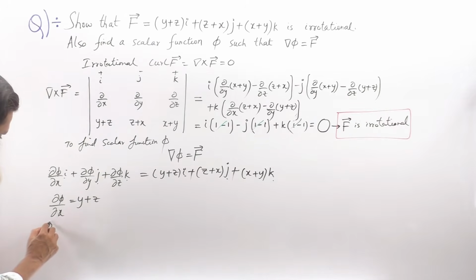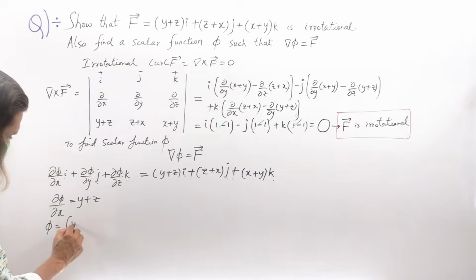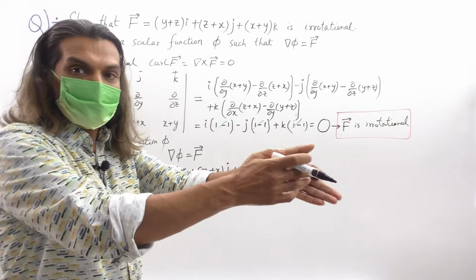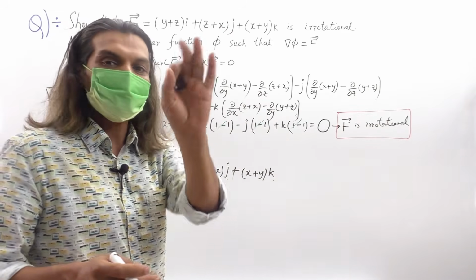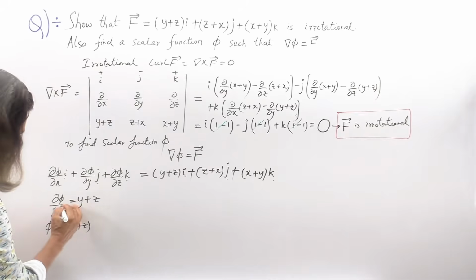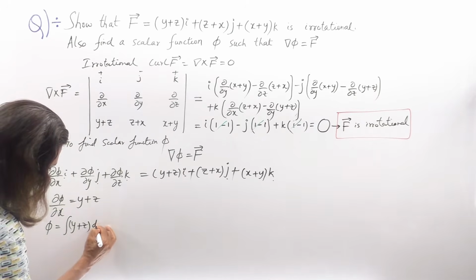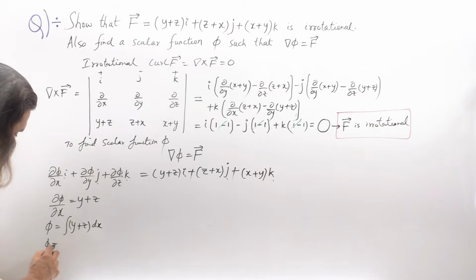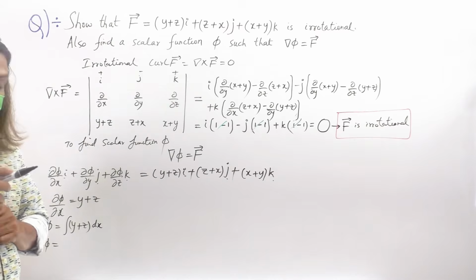Therefore, phi is integration of (y plus z) dx. When dou enters integration, it becomes dx. Now you are integrating with respect to x.